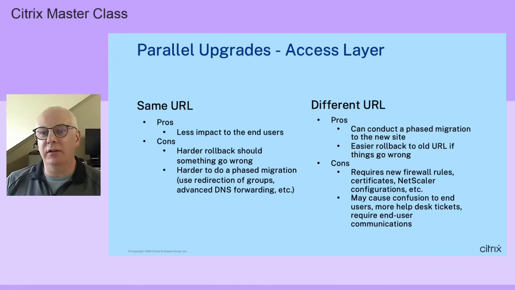So when you put in a different URL, of course, this facilitates the phased migration, because you're going to have a completely new URL. So you can say Monday night, point to site B now. Tuesday night, you move the users to site B. Wednesday, move them to site B as well. And if there's a problem, you can roll everybody back to site A very, very quickly. That makes things somewhat easier.